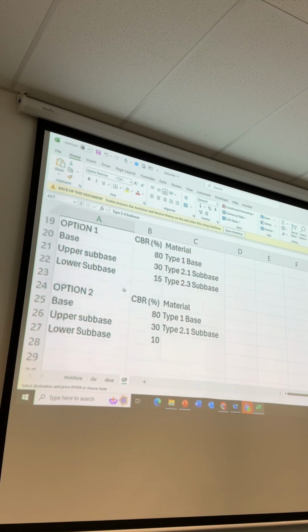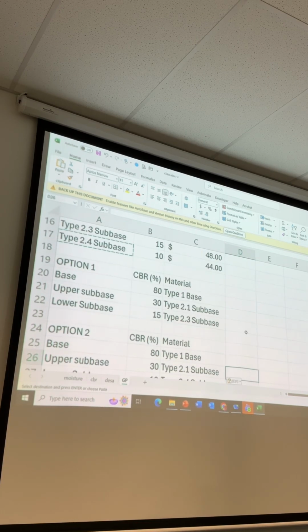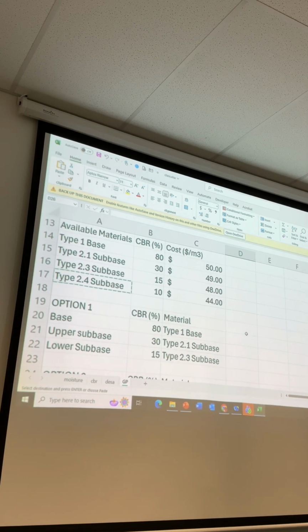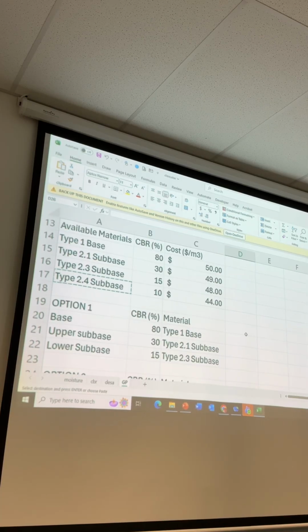Okay, so that's what we have. Those are the materials that we have. And I'm going to ask you to do two options of pavement composition.